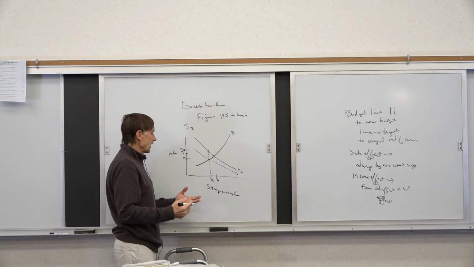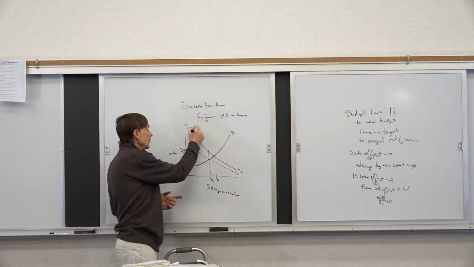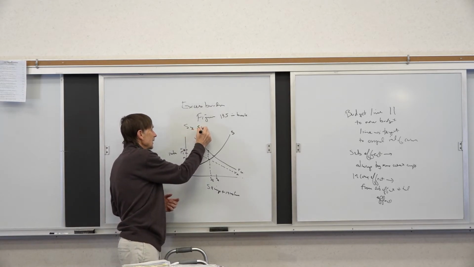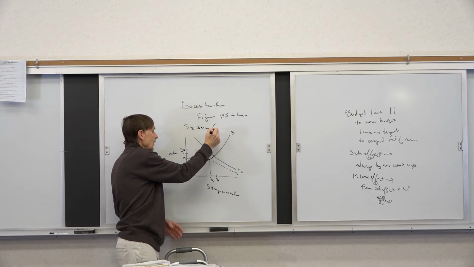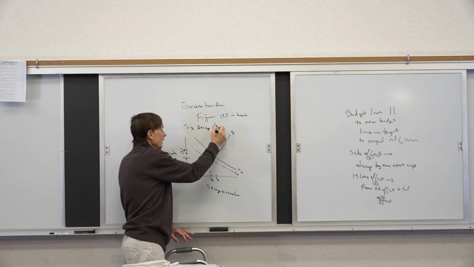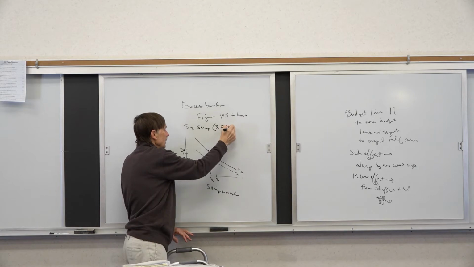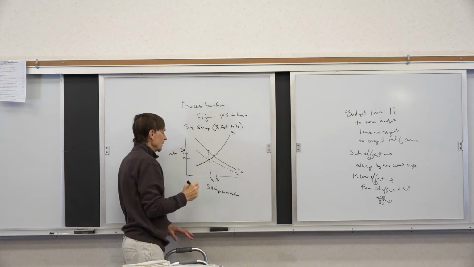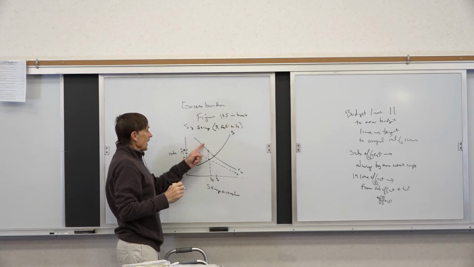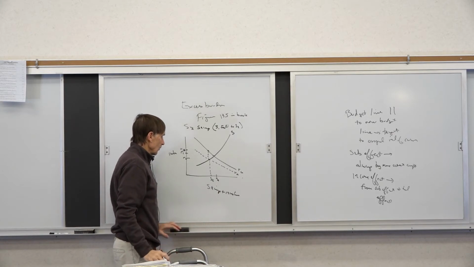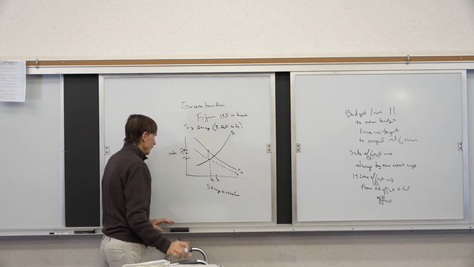After we impose the tax, we're going to get S2 savings. So savings fell from S1 to S2, and the market rate of interest has gone up.